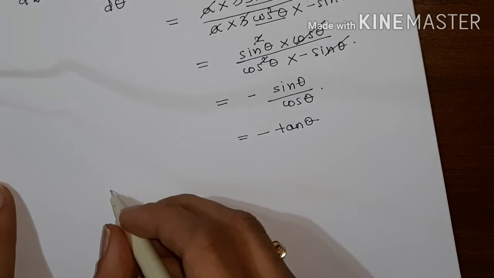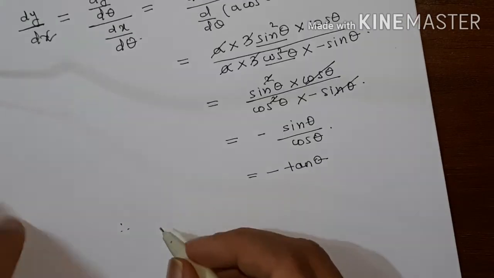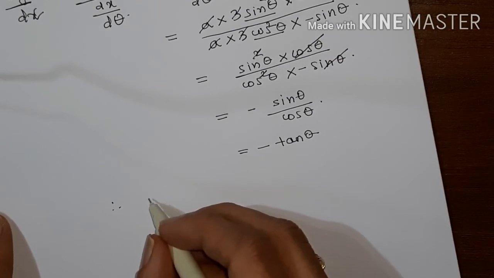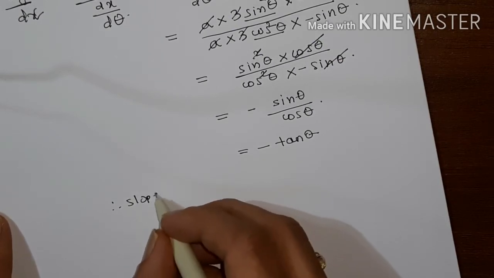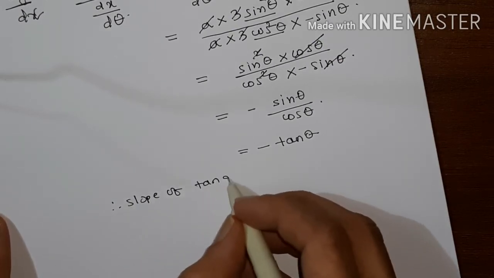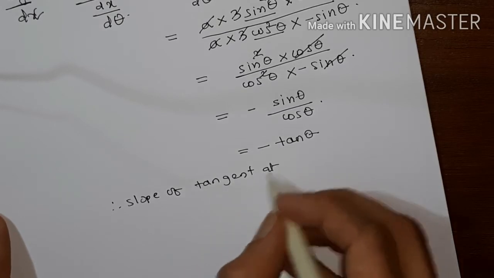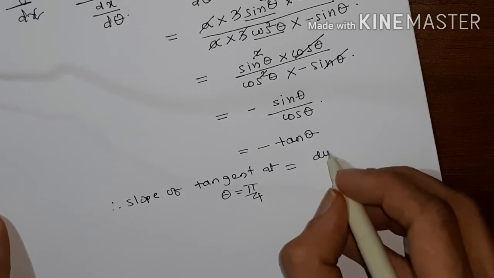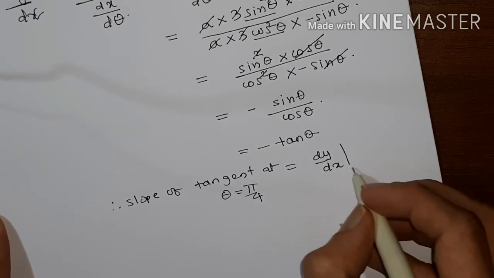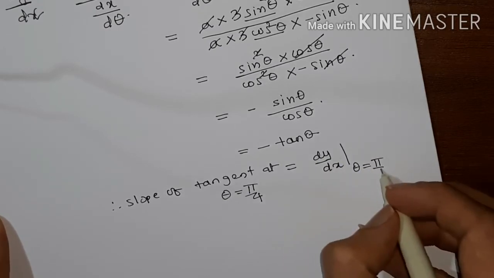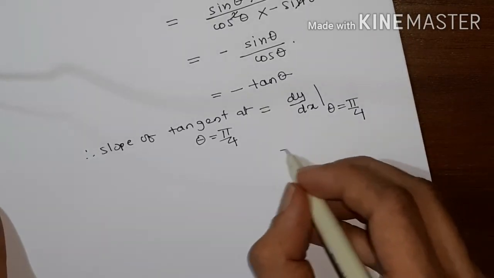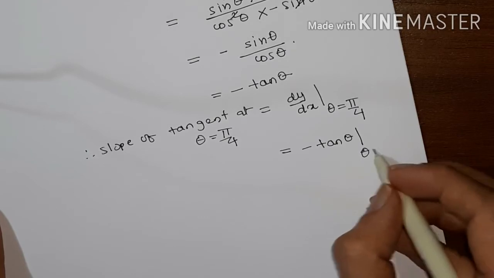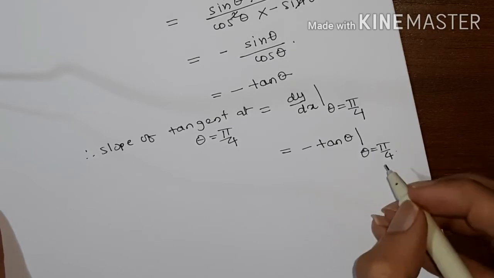Now what we have to find is the slope of the tangent at theta equal to pi by 4, which is equal to dy by dx at theta equal to pi by 4. So that is nothing but minus tan theta at theta equal to pi by 4.